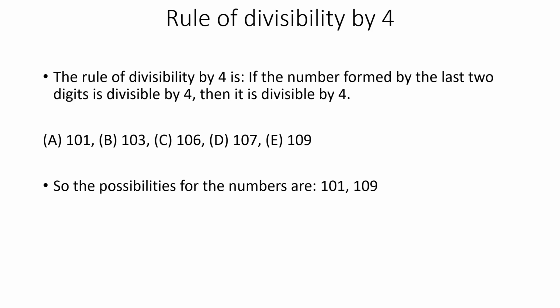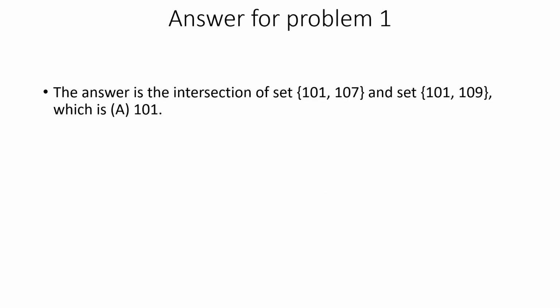So once you try it with each of these numbers, you realize that 100 and 109 are the only options, because when 1 is removed from 101, you get 100, which is divisible by 4. It also applies to 109.